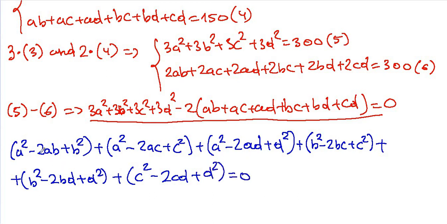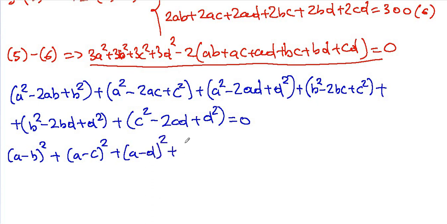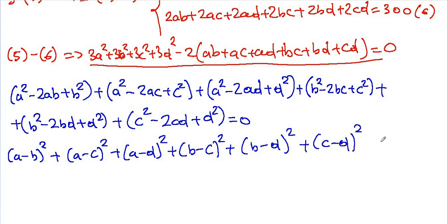We see that each expression in the bracket is a perfect square. So we get (a - b)^2 + (a - c)^2 + (a - d)^2 + (b - c)^2 + (b - d)^2 + (c - d)^2 = 0.